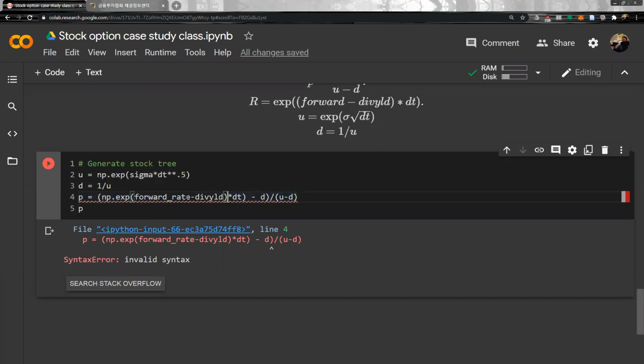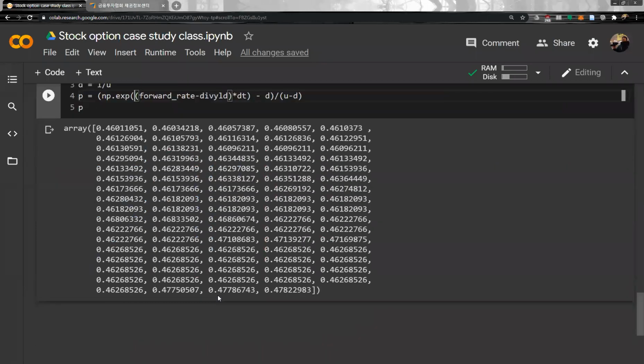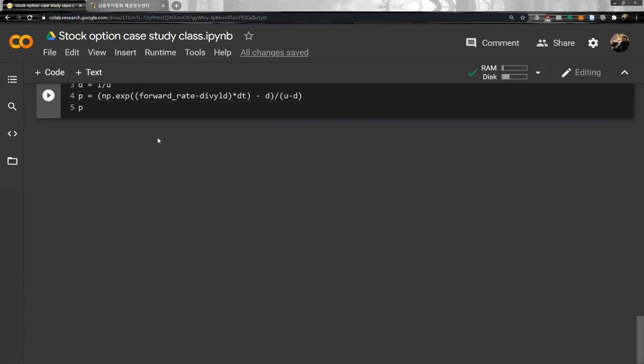Sorry. So P looks like this because we have price change over time because of forward rate change over time.